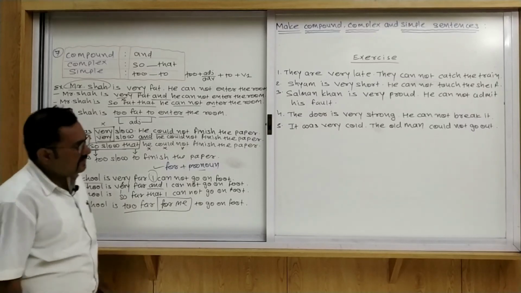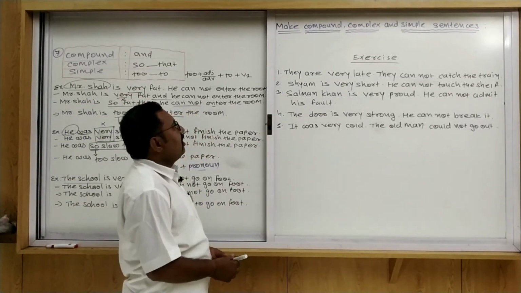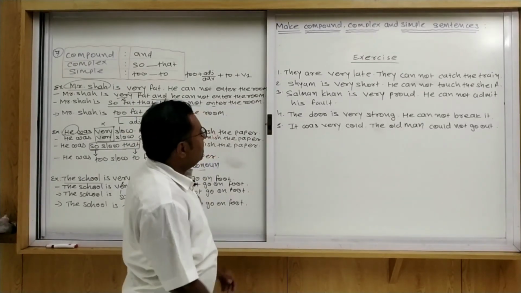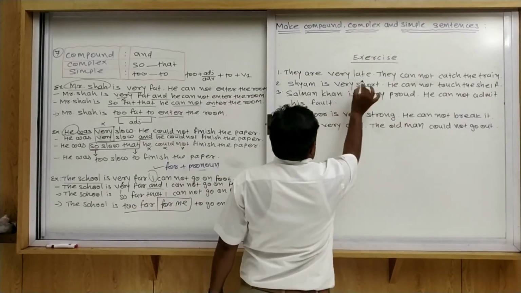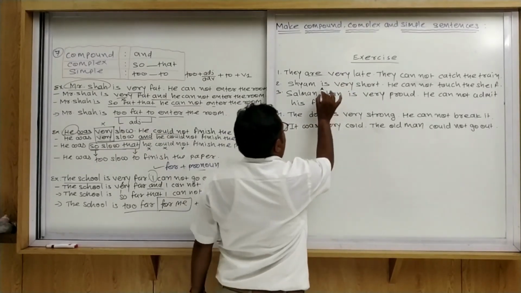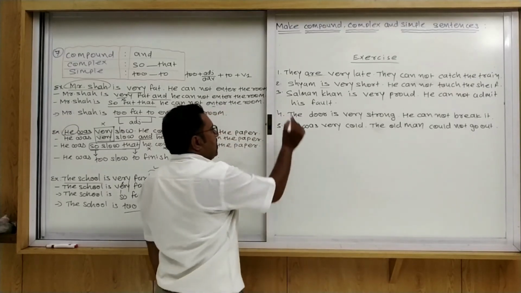Very good, nice. Now here an exercise is given. You have to make complex, compound and simple sentences. They are very late, they cannot catch the train. Present tense is used here. Sam is very short, he cannot touch the ceiling.